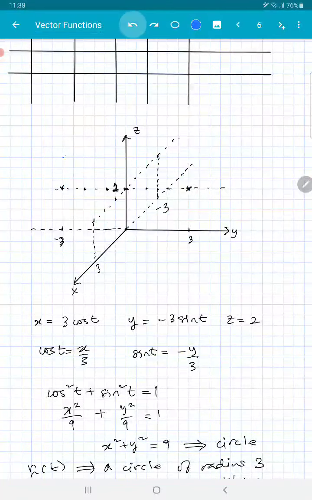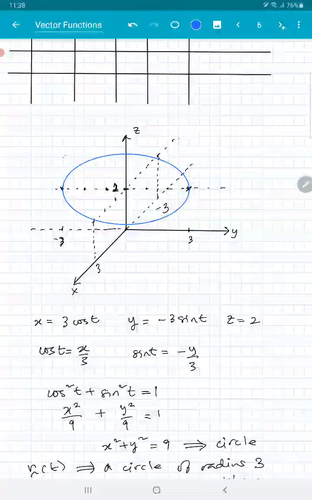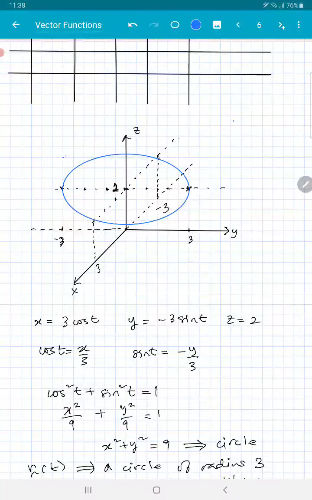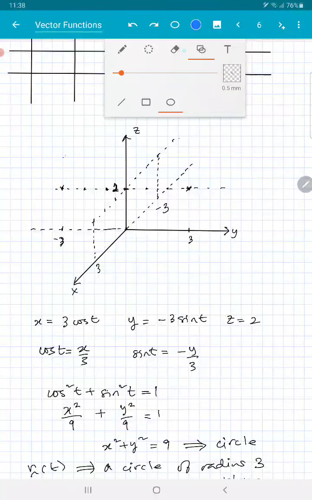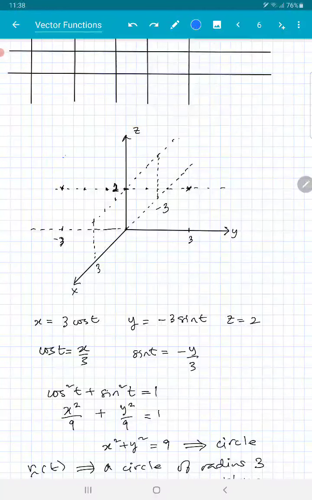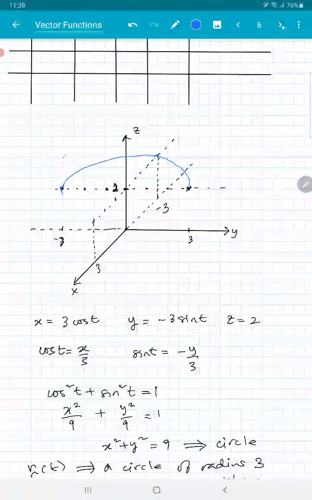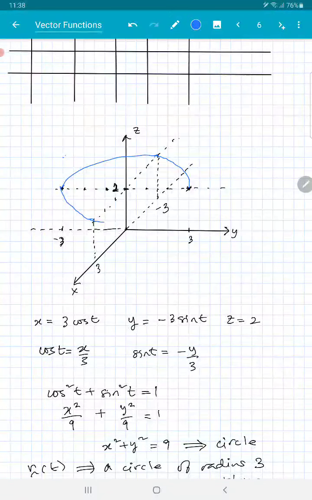Not quite. Hang on. Also no. Okay, I think I better use my freehand. Not very pretty then. Let me connect this point. Okay, so we have a circle of radius 3 centering at x0, y0, z2.